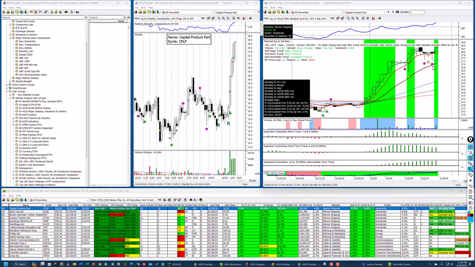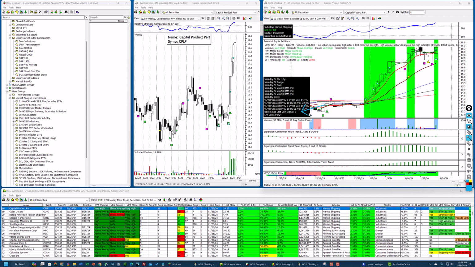Now I'm experimenting with this to look for stocks that are showing the pocket pivot type volume, comparing up volume to down volume, or vice versa, so we can find stocks that are on the move. The other conditions are that there has to be a VPA flag within a 4-day window. In fact, I'm going to make a change on this chart right now. I'm going to pause this. And here it is.